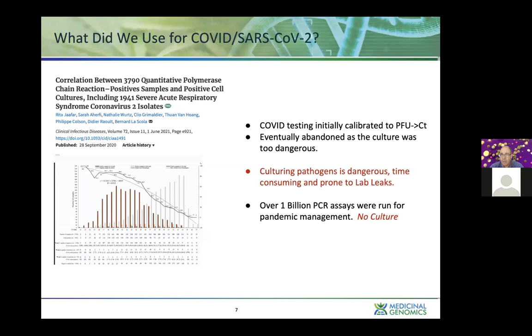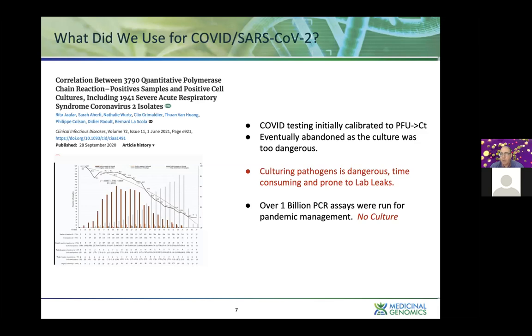They threw it out. And the main reason for throwing it out is culturing human pathogens is dangerous. And if you think the laboratory regulations are tight now, they're about to get tighter. We've all seen the news about what's going on with the potential lab leak out of Wuhan. That is going to lead to much more stringent laboratory environments. They are not going to want you replicating human pathogens in your lab simply to measure a small amount of them.